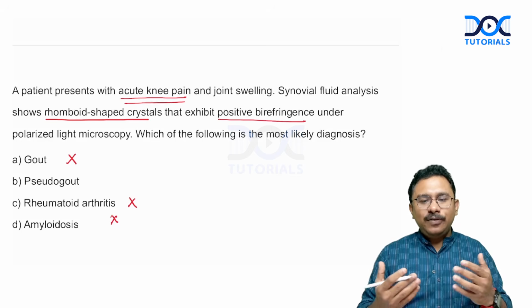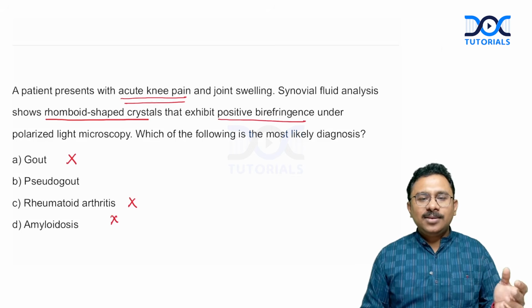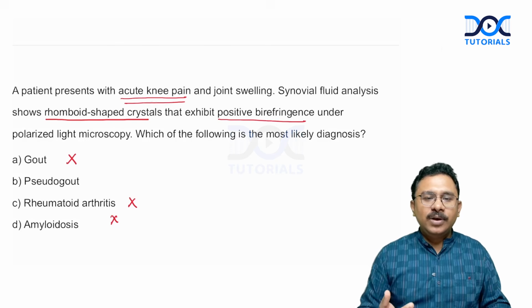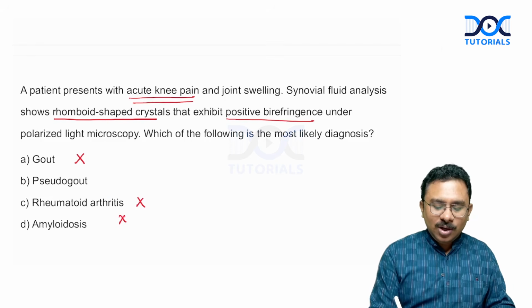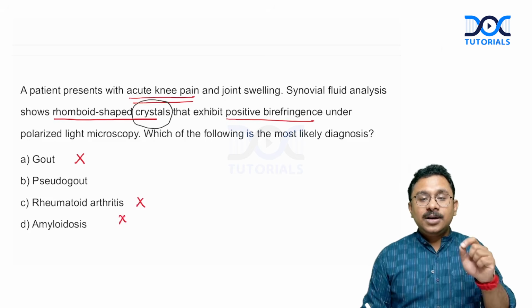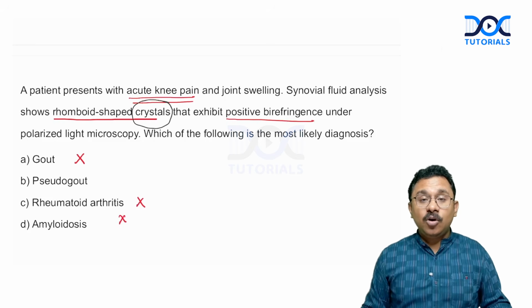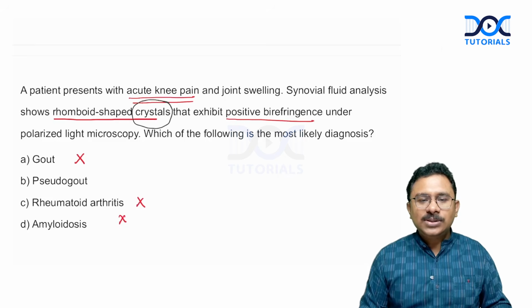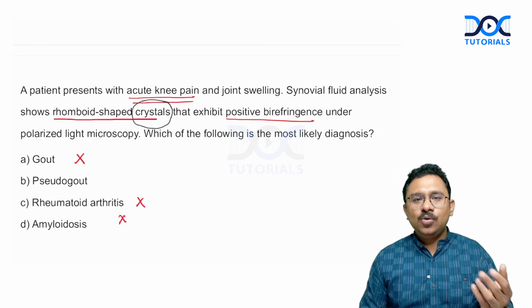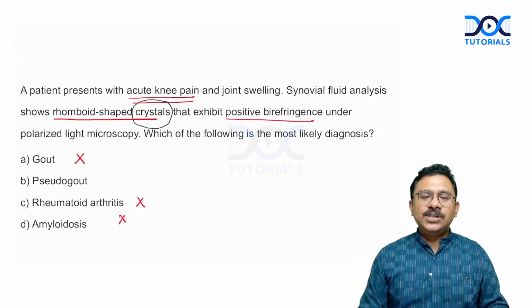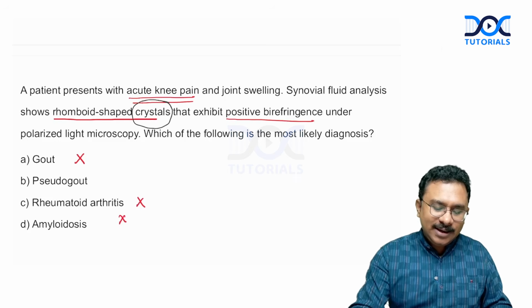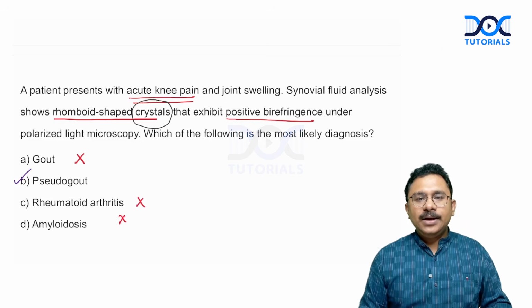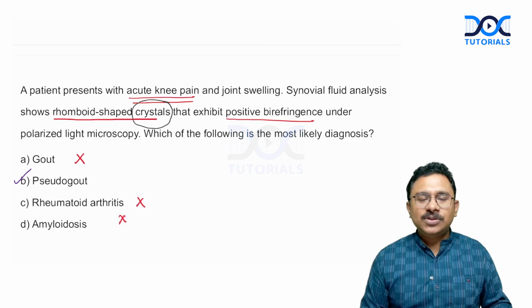You are going to have an inflammatory synovial fluid in rheumatoid arthritis, but that is not going to show any sort of rhomboid crystal, because only gout and pseudo gout come under the purview of crystal induced arthropathies. Remember, I've taught you in my lectures about crystal induced arthropathies like gout, pseudo gout, calcium oxalate deposition disease, calcium hydroxyapatite deposition disease. For this question, the answer is going to be option B, pseudo gout, wherein you have the deposition of calcium pyrophosphate dihydrate. Okay, right.